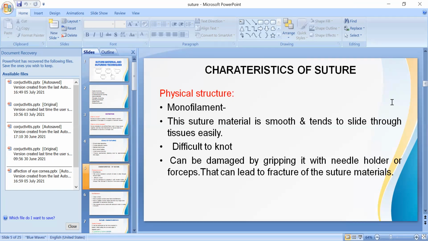But in monofilament it is difficult to knot, and it can be damaged by gripping it with a needle holder or forceps, which can lead to fracture of the suture material. So these are the negative points of monofilament.